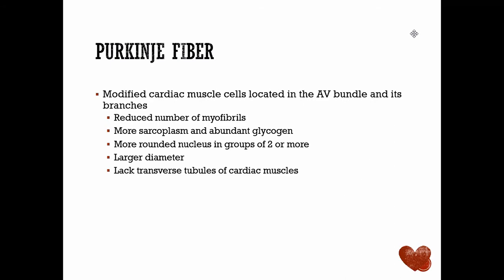The Purkinje fibers have a more rounded nucleus, in groups of two or more. They are larger in diameter, and they lack the transverse tubules of cardiac muscles. So they are called the modified cardiac muscle cells, or Purkinje fibers.